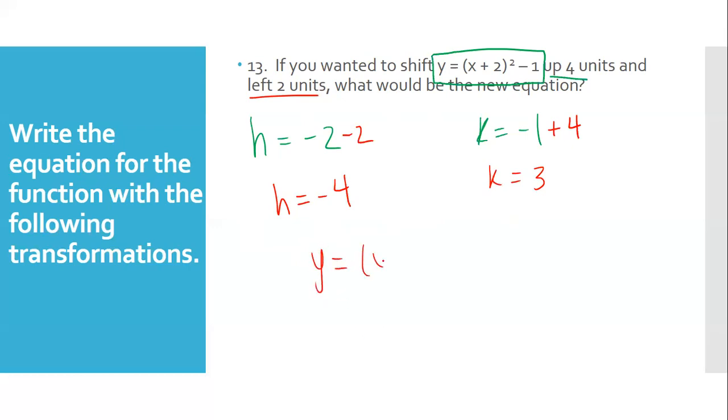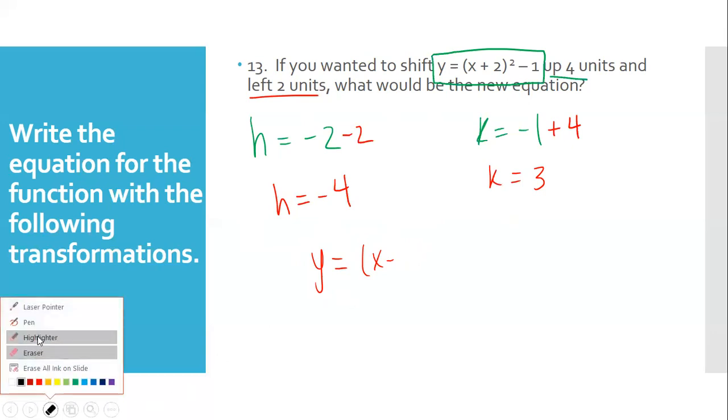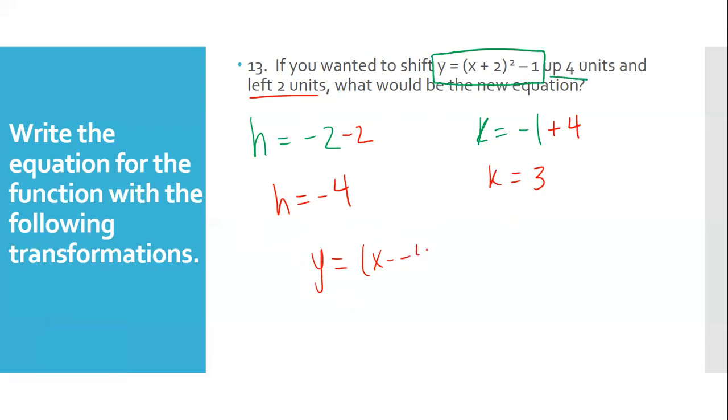Y equals x minus negative 4, I'm just going to write it out though, plus 3. A negative times a negative is a positive. So that would be my new equation. So I identified what I already had, and then I transformed it.